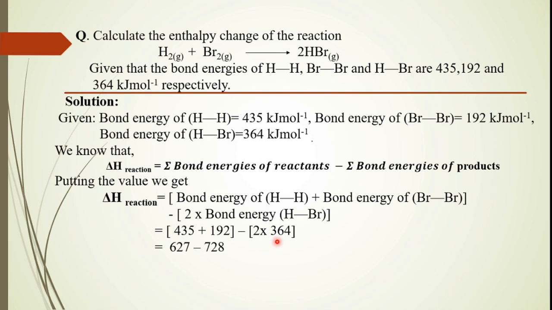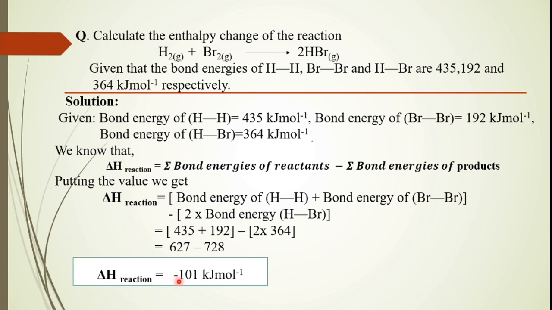Now calculating this, addition gives 627 minus 2 into 364, which is 728. So the answer is minus 101 kilojoules per mole. So the enthalpy of reaction is equal to minus 101 kilojoules per mole. Is it clear to you now?